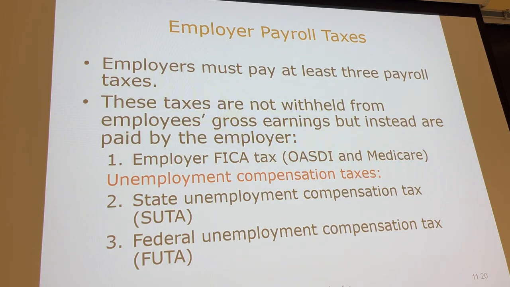The employee does not have anything withheld from their wages for unemployment comp taxes. That's only the employer who pays for that. The employer pays both a state unemployment tax and a federal unemployment tax. The state tax is usually called SUTA for short, and the federal tax is called FUTA for short.